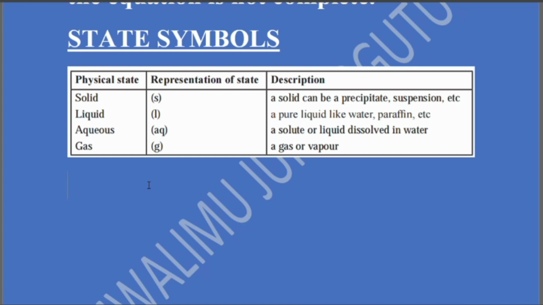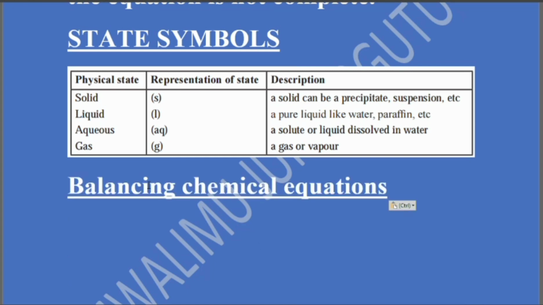Remember, a chemical equation has to be balanced. So we have to balance the chemical equation so that the number of atoms on each side, reactants and products, are equal.